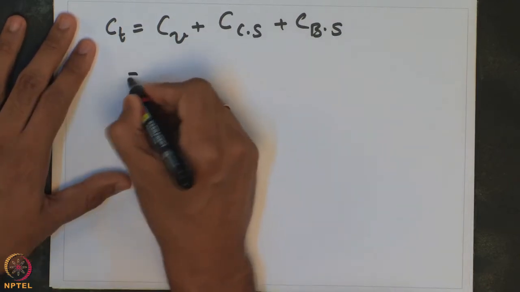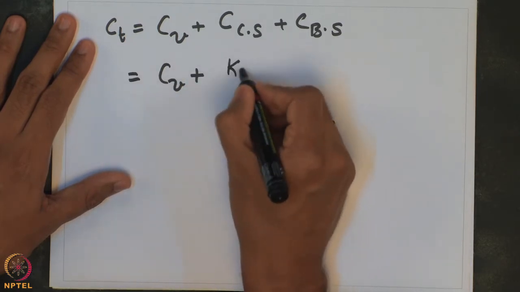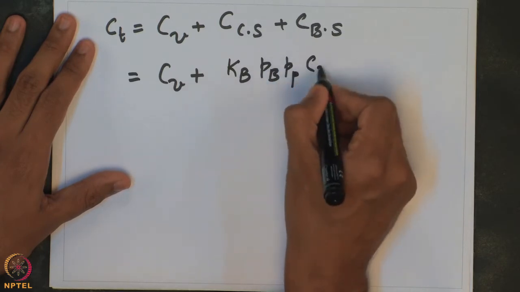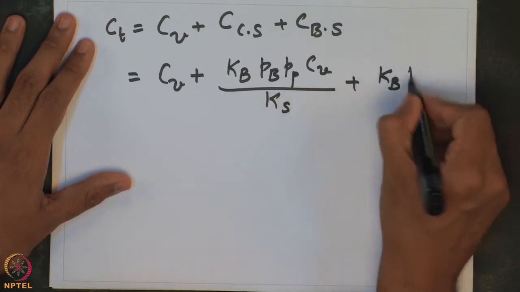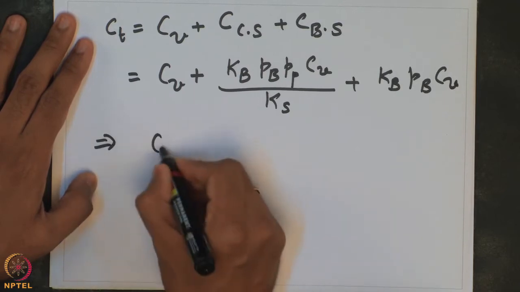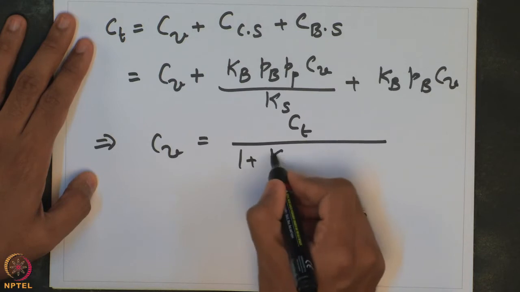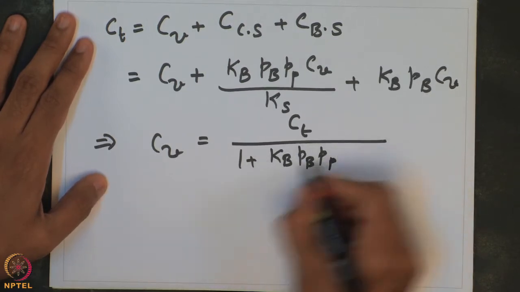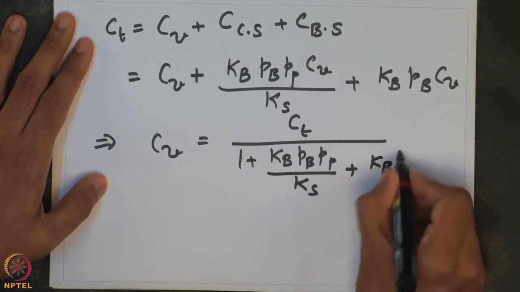So that is equal to Cv plus Kb Pb, partial pressure of propylene, into vacant sites divided by Ks plus Kb Pb into Cv. So from here Cv is equal to Ct divided by 1 plus Kb Pb, partial pressure of propylene, divided by Ks plus Kb into Pb.